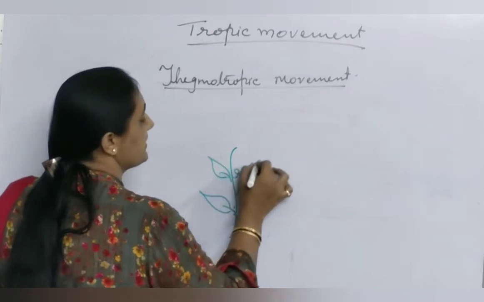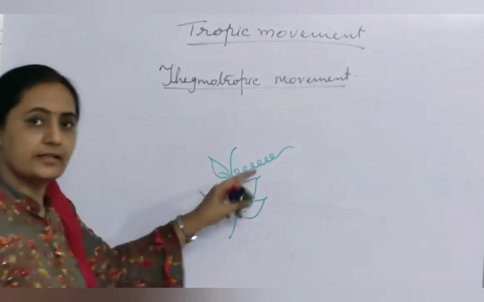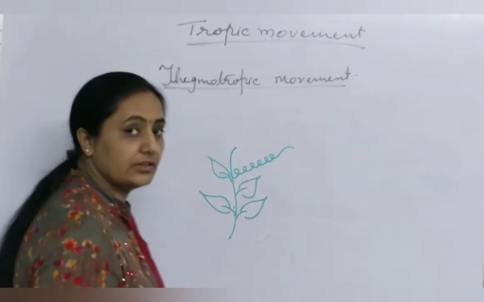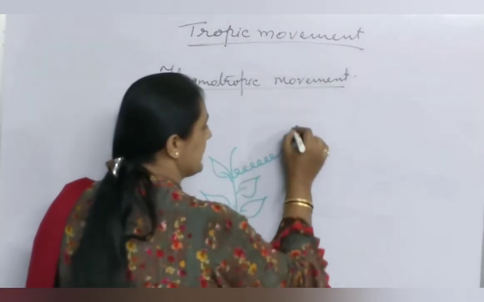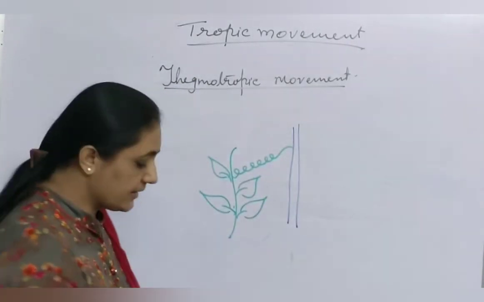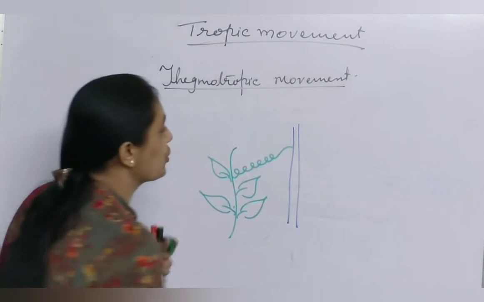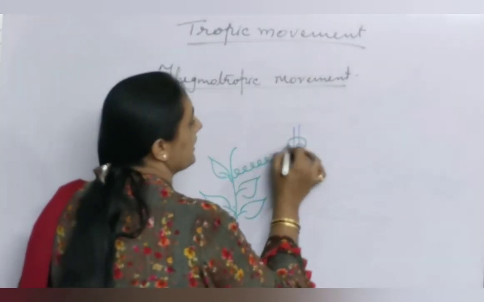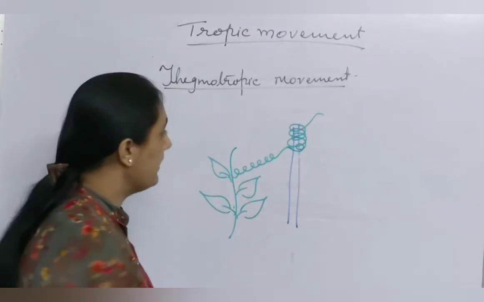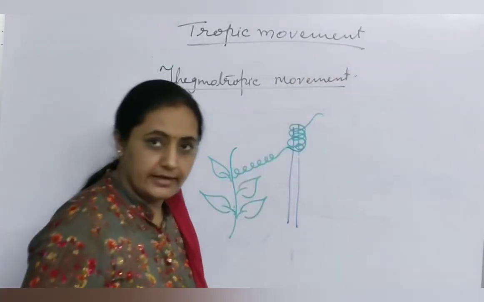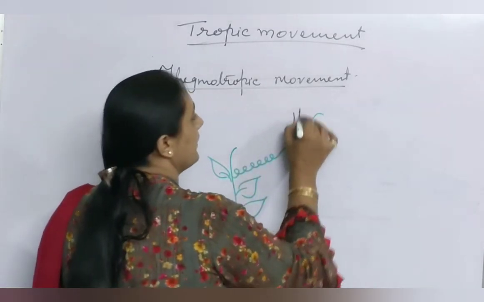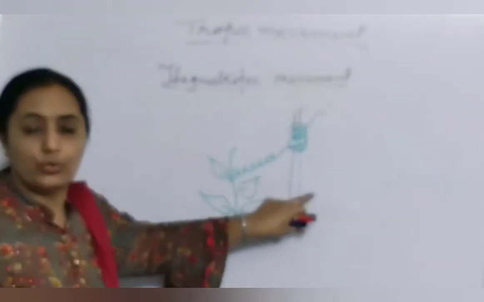When tendrils or twigs of some plants come in contact with any surface like an iron bar, cement bar, wood piece or stick, immediately they show coiling around it. They coil around it, take support and grow over it. That is the movement shown by a plant in the direction of support.